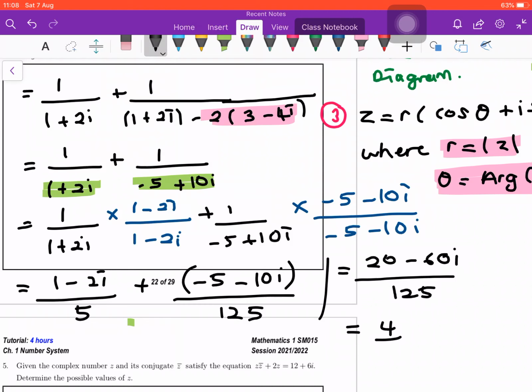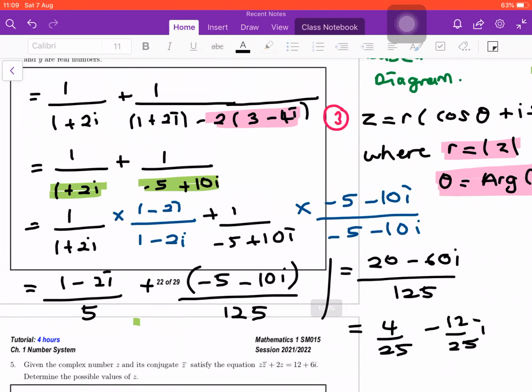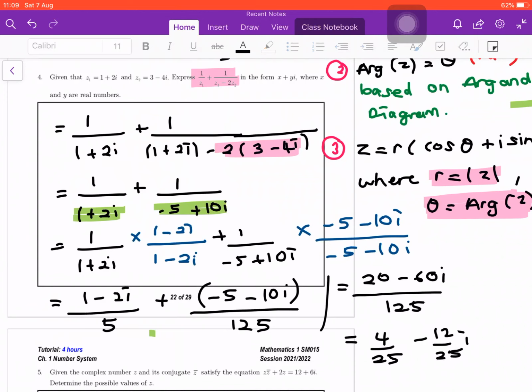So we are going to get 4/25 minus 12/25 i. So now we have the answer in the form x plus yi, where x and y are real numbers. Okay, done for question number 4. Okay, clear? Okay, so now we proceed to the next question.